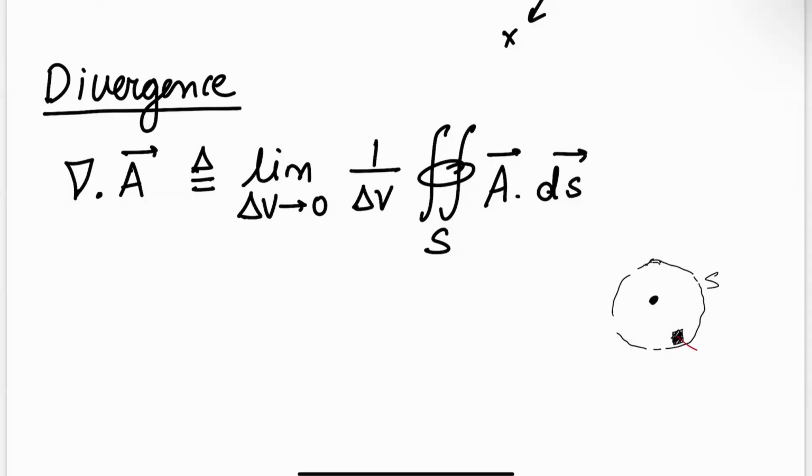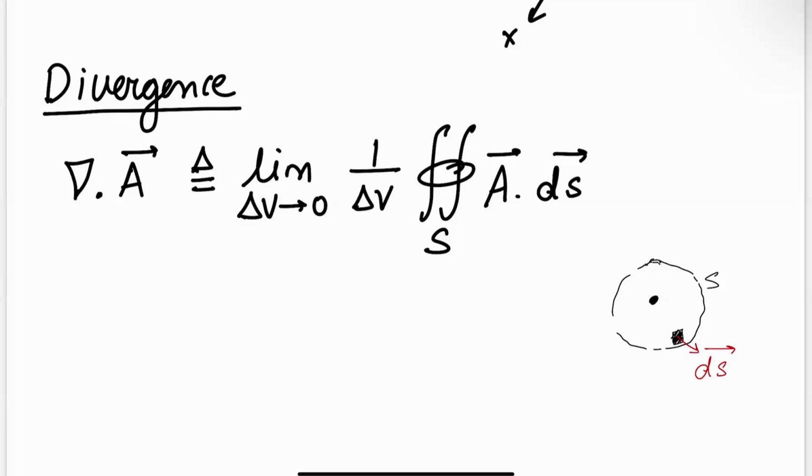It can be oriented in some direction. So that orientation is defined by a vector, which is ds. Okay, and the magnitude of this vector is defined by the size of the patch. The direction of the vector is defined by the normal at the center of that patch. That's what this ds vector means, right?